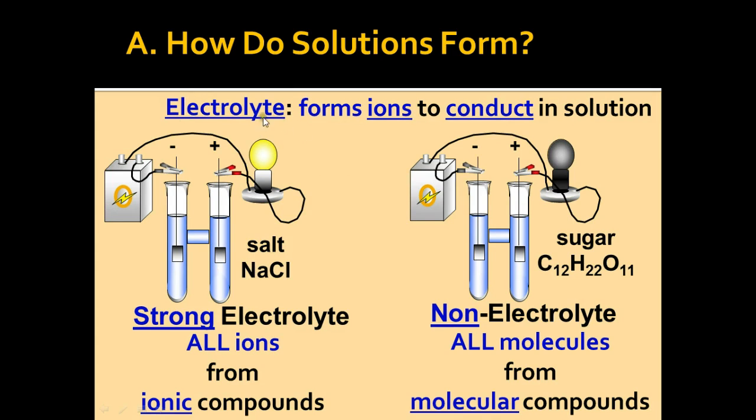That means Gatorade would conduct electricity because it has a lot of electrolytes. Strong electrolytes are ionic substances that form ions. Think of ionic compounds like salt, so NaCl is a good electrolyte. And then non-electrolytes are molecules that like to stay together and don't form ions, pretty much covalently bonded molecules or molecular compounds, which do not form ions.